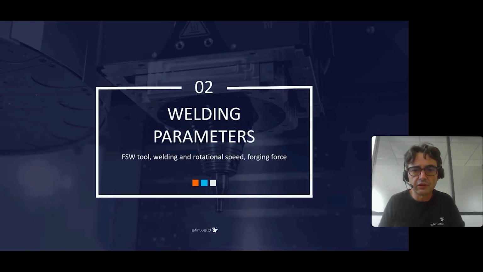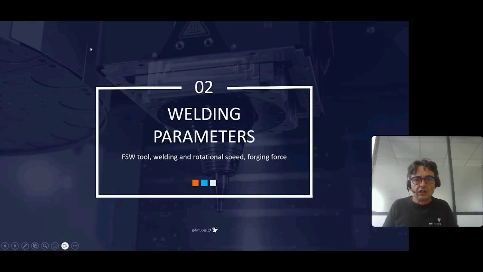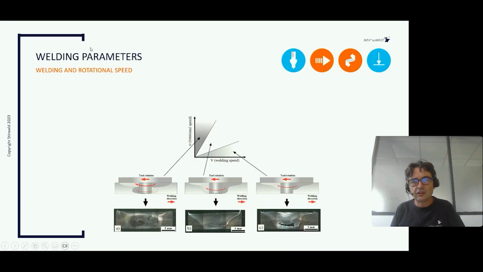Okay, so now let's discuss the welding parameters. For that, I like to use this drawing, a graph where on the vertical axis we have the rotation speed and on the horizontal axis the welding speed.